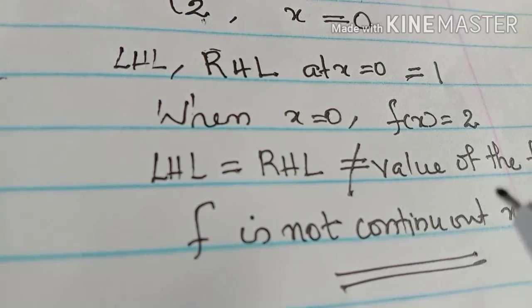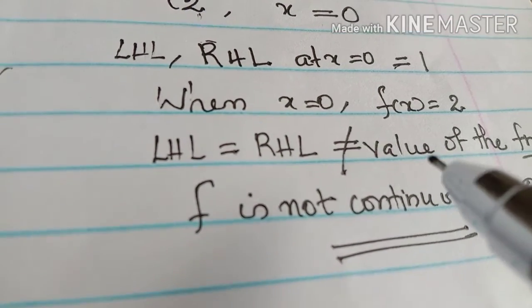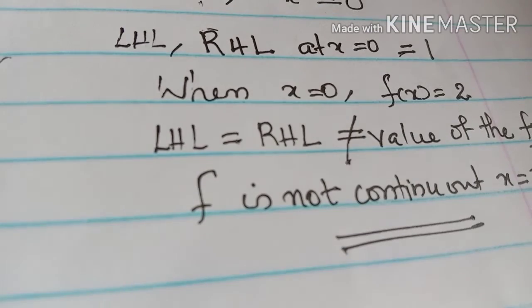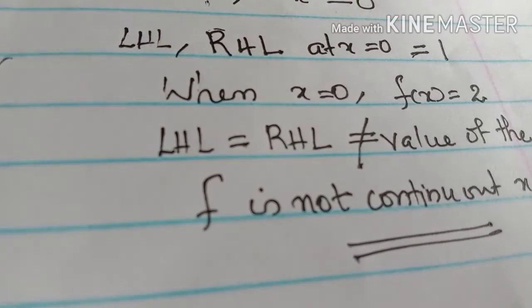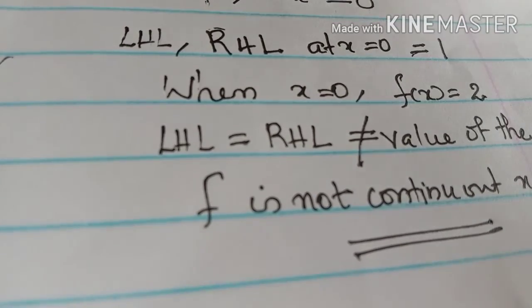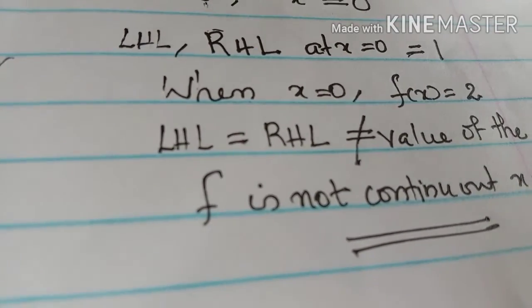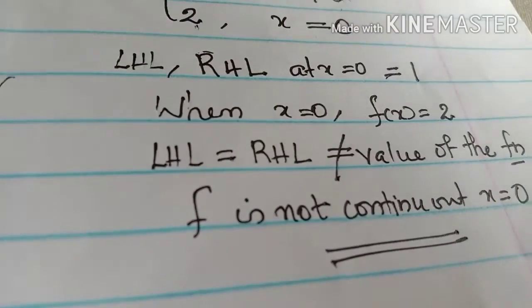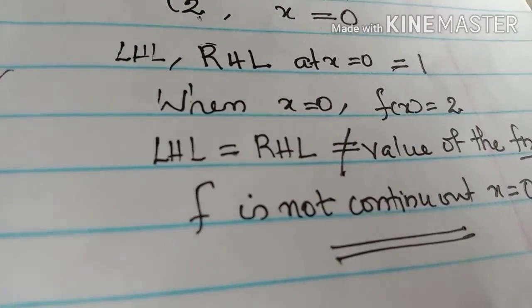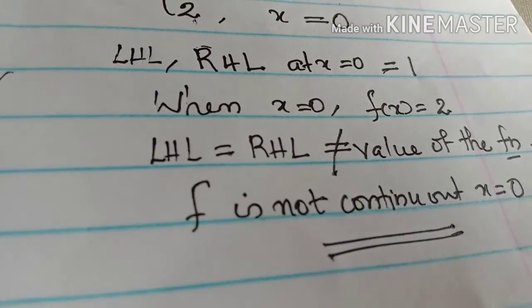So we can say that a function is continuous at a fixed point if its left hand limit, right hand limit, and the value of the function at the point are equal to each other. Is that clear?